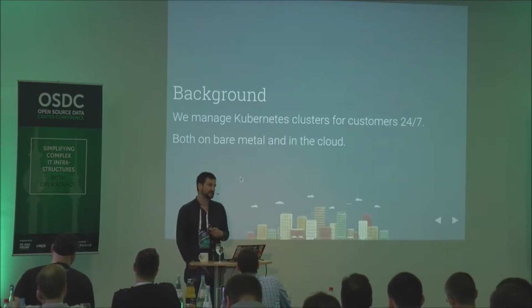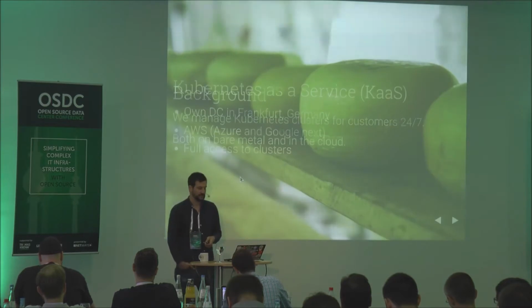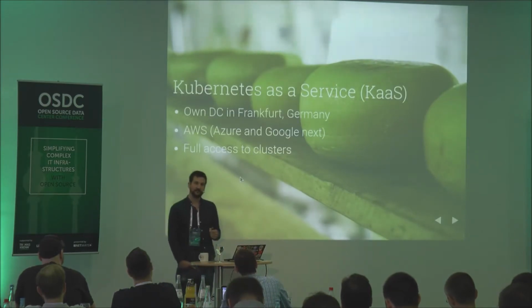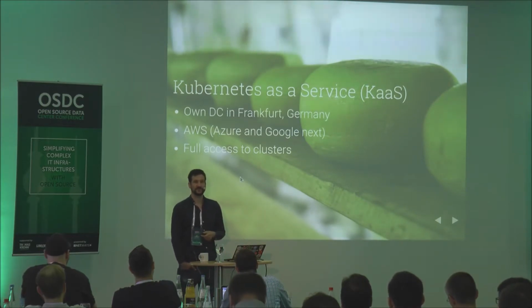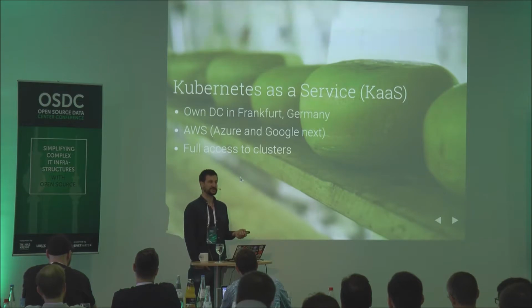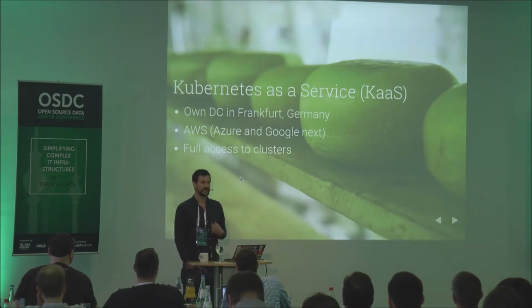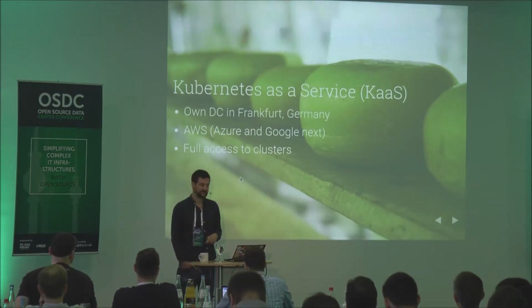And we do this in data centers on bare metal, but also in the cloud, mainly on AWS at the moment. We have our own data center in Frankfurt where we actually hand out Kubernetes clusters to customers as a service. So it's our machines and everything. We are just responsible for the whole infrastructure.